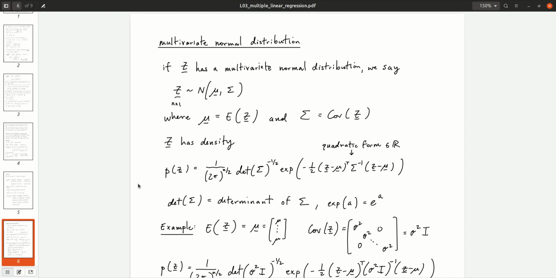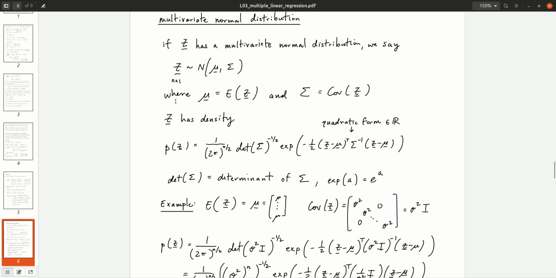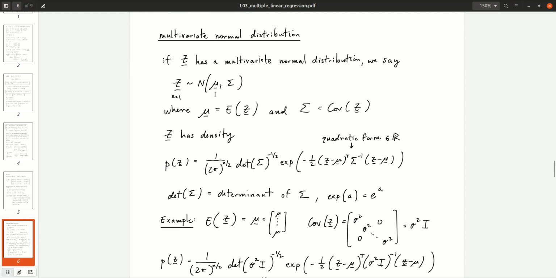The vector Z, an n by 1 vector, has a multivariate normal distribution. This is the notation that we use: Z tilde N(mu, sigma), where mu is the expected value of the vector Z, and sigma is the covariance matrix for Z.